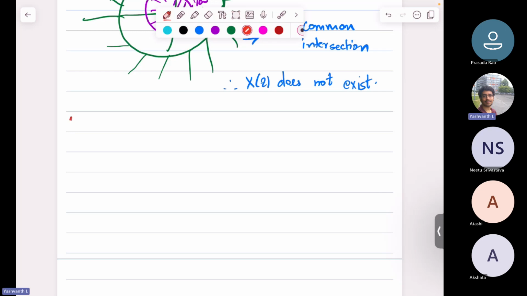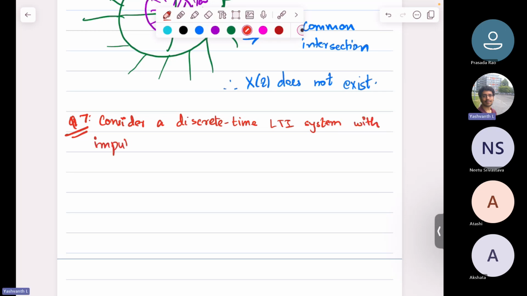Okay, so this is question number 7. The question is as follows. Consider a discrete time LTI system with impulse response h of n equal to alpha power n into u of n.